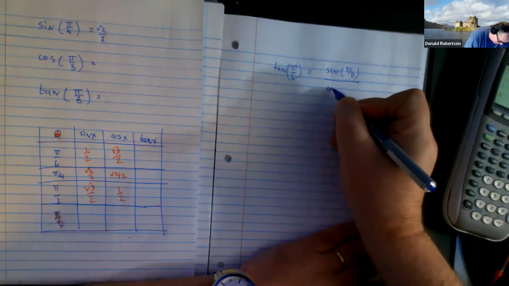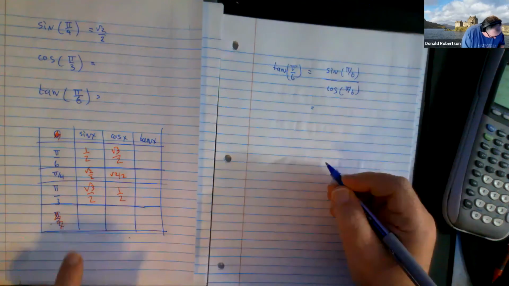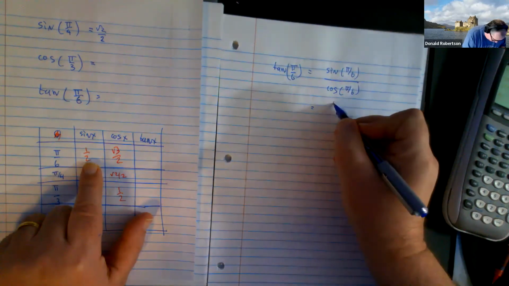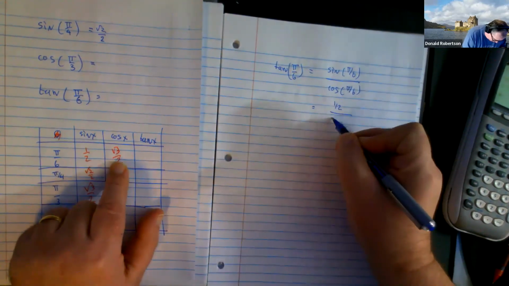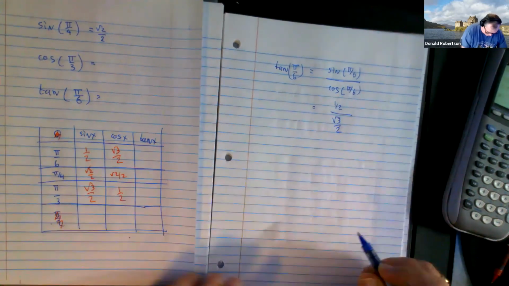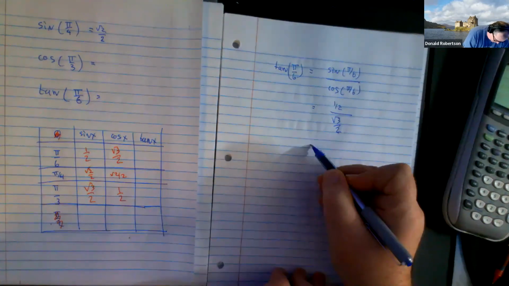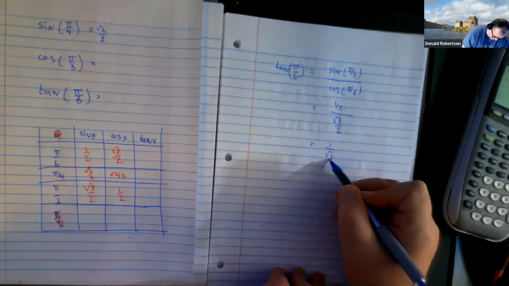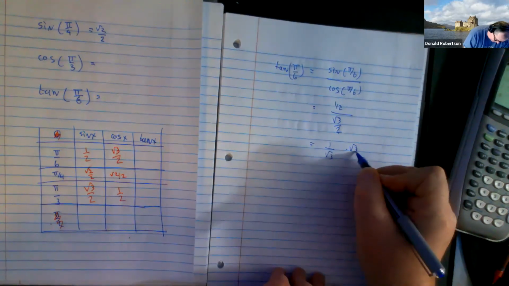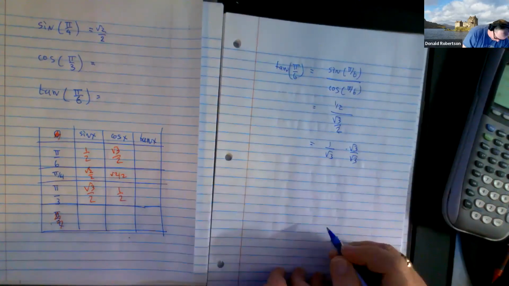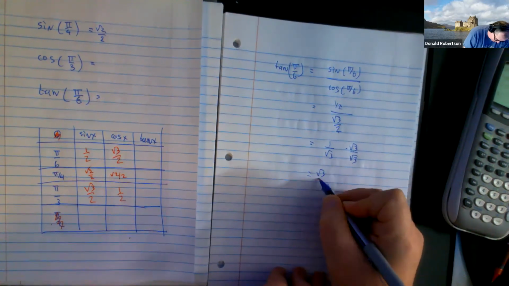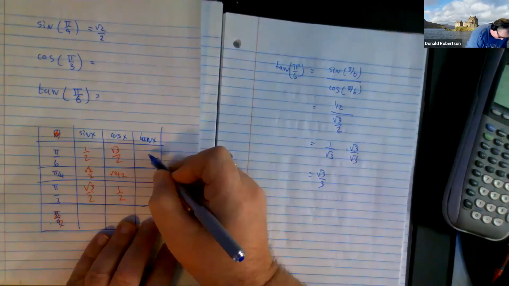I'm going to use the identity that it's the sine of pi upon 6 divided by the cosine of pi upon 6. The sine is a half, and the cosine is root 3 over 2. These always cancel out, and there is my answer. But we make it look pretty by rationalizing the denominator.